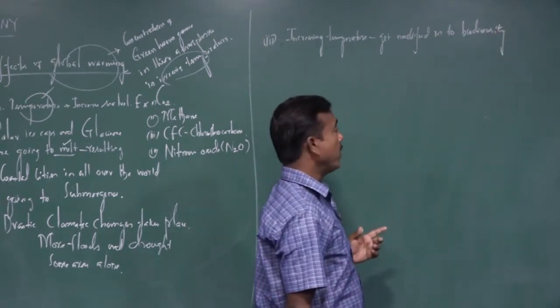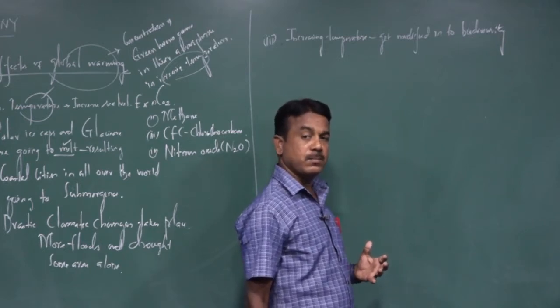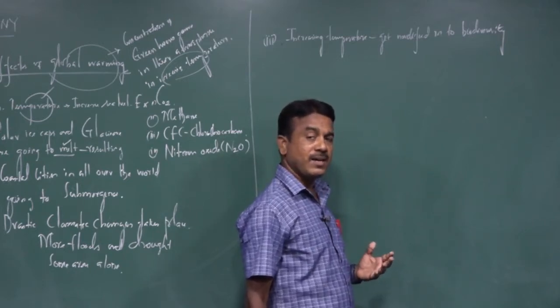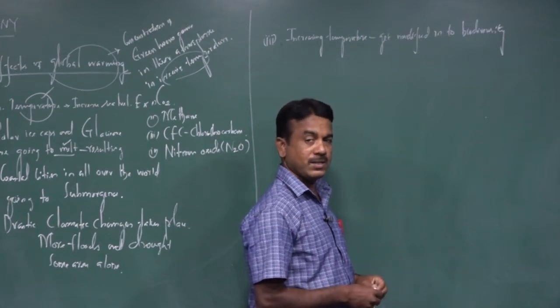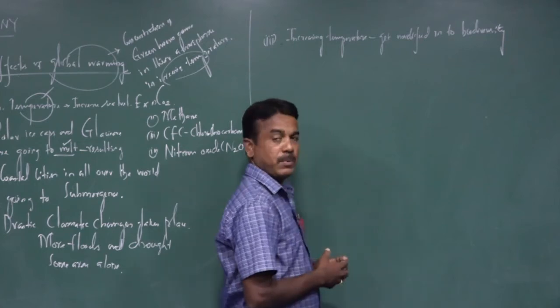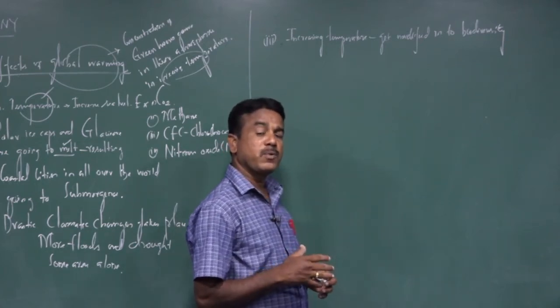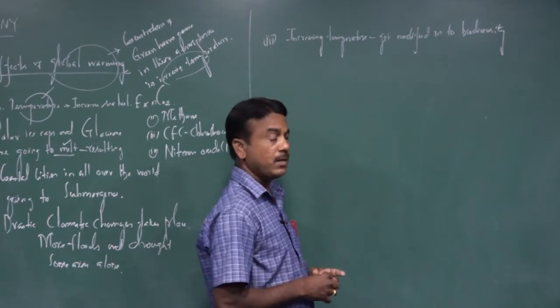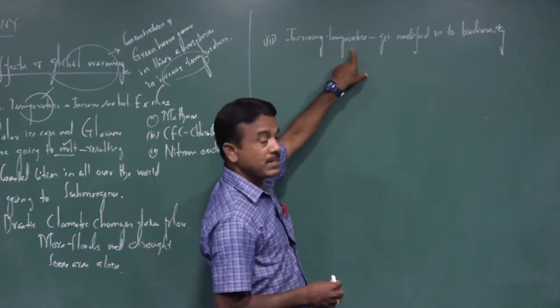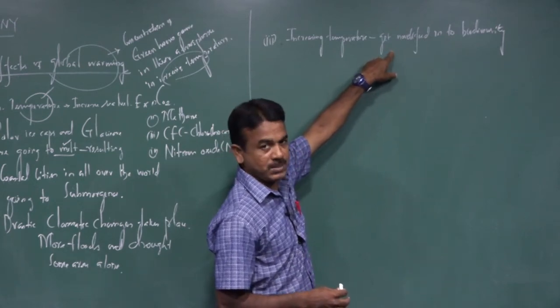What is the meaning of biodiversity? It means the richness of living organisms, both biotic and abiotic communities, occurring at a rich level. That is commonly called biodiversity. Biodiversity is one of the important components of the earth, but due to the increase in temperature, the level of biodiversity gets modified.